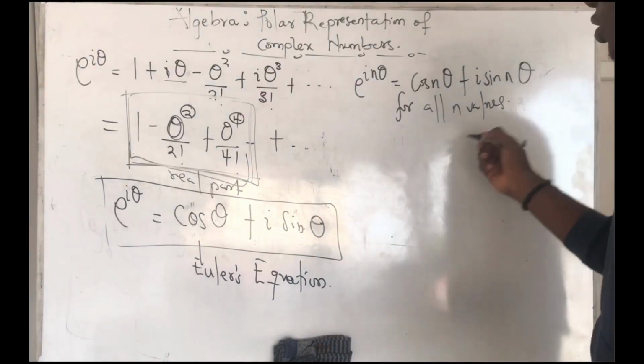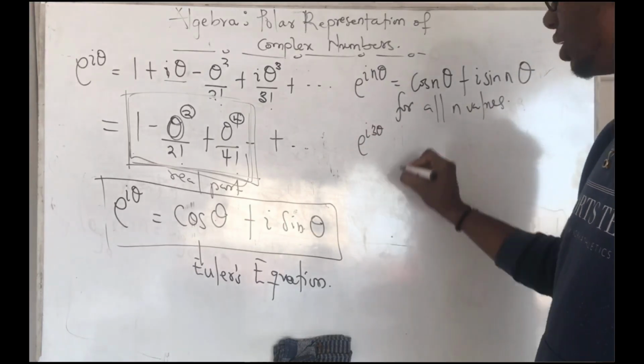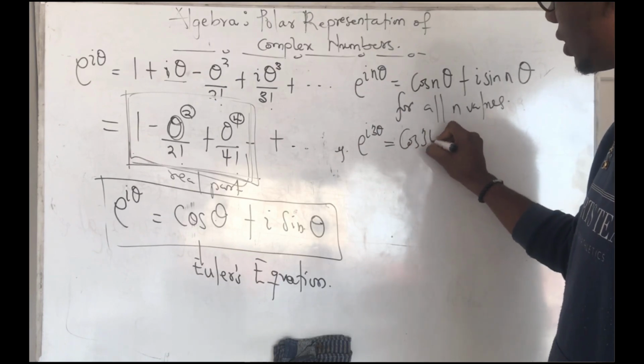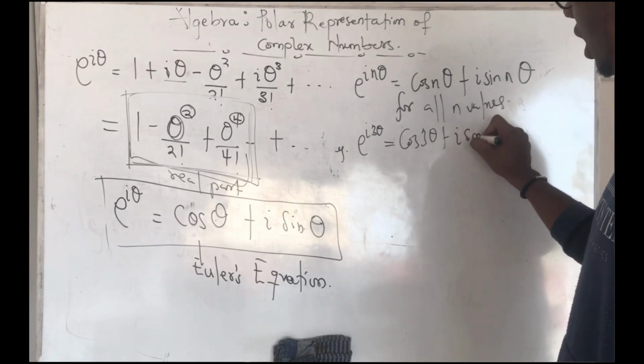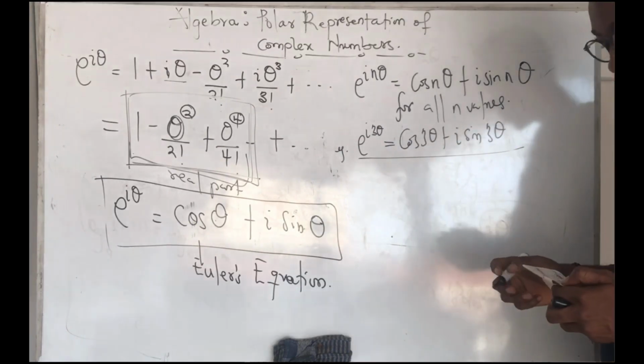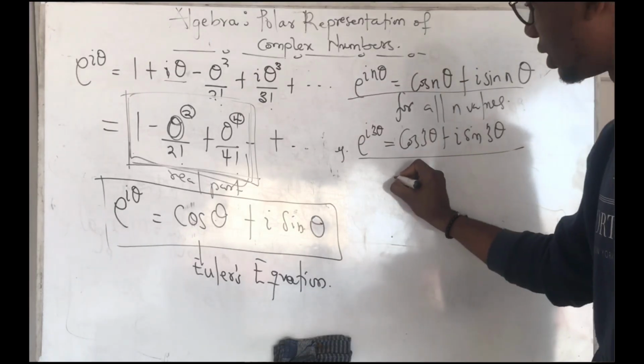For instance, you might have e to the i 3 theta. Then when you expand it, you get cos 3 theta plus i sine 3 theta.